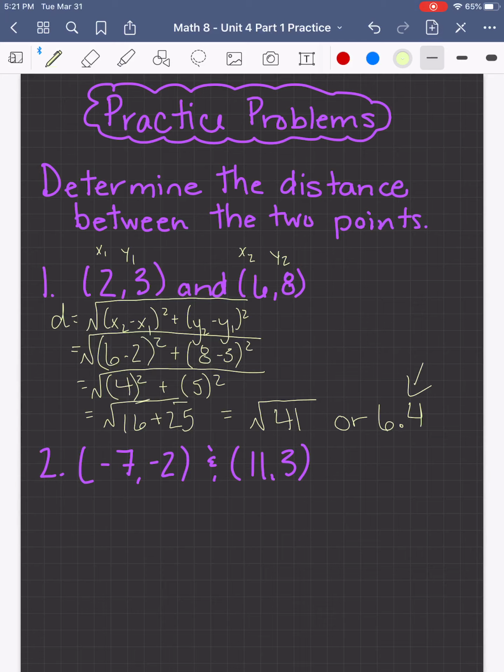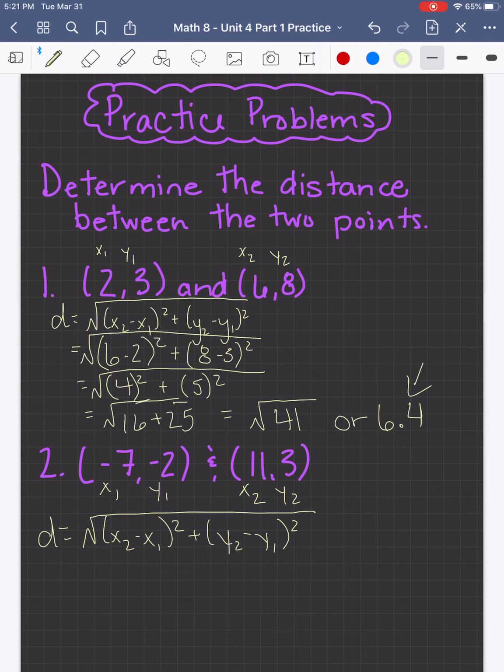Okay. Let's go ahead and take a look at this second one. So set 1 is x1, y1. Set 2 is x2, y2. And we'll go ahead and quickly write out the formula because why not? And that way we're just filling in blanks.